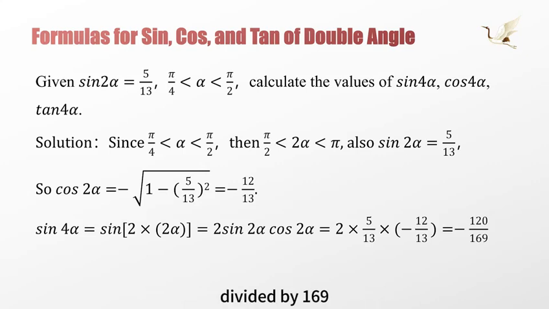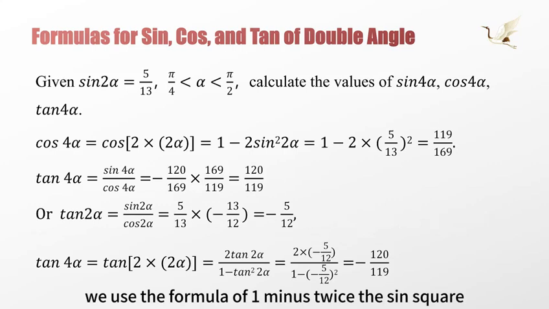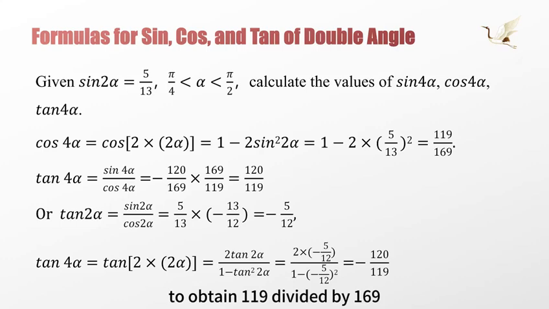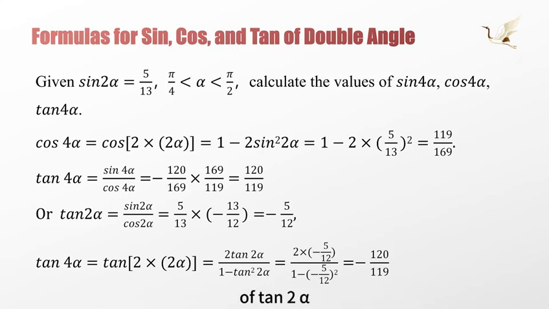Cosine 4 alpha, we use the formula of 1 minus twice sine squared 2 alpha and substitute the corresponding value to obtain 119 divided by 169. We can write tangent 4 alpha as sine 4 alpha divided by cosine 4 alpha, which is equal to negative 120 divided by 119. Of course, we can also first calculate the value of tangent 2 alpha.